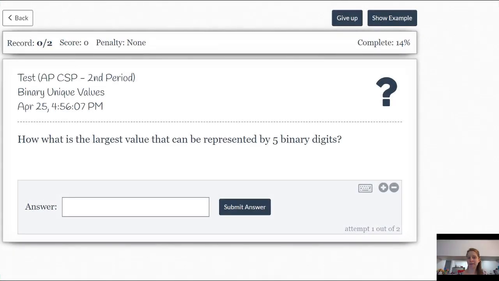Let's practice the binary unique value skill. What is the largest value that can be represented by 5 binary digits? So let me write these 5 out. 1, 2, 3, 4, 5. 1's place, 2's place, 4's, 8's, 16.